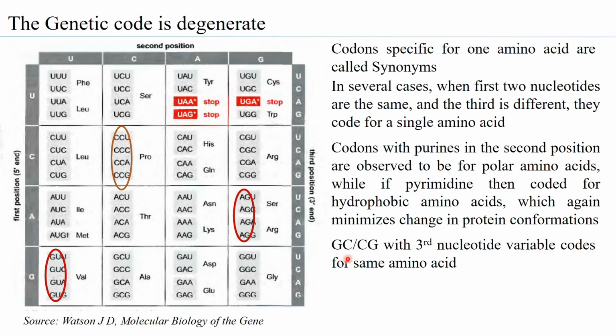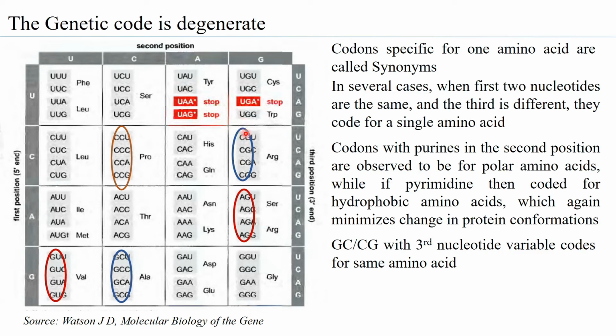So coming to this point again, suppose you have GC, as we saw, this is all GC, and this is CG. Here the third nucleotide is varying, correct? And therefore these 4 and these 4 code for the same amino acid. Please understand that CG will bind to GC in the anticodon of the tRNA. So again it is a GC base pair.